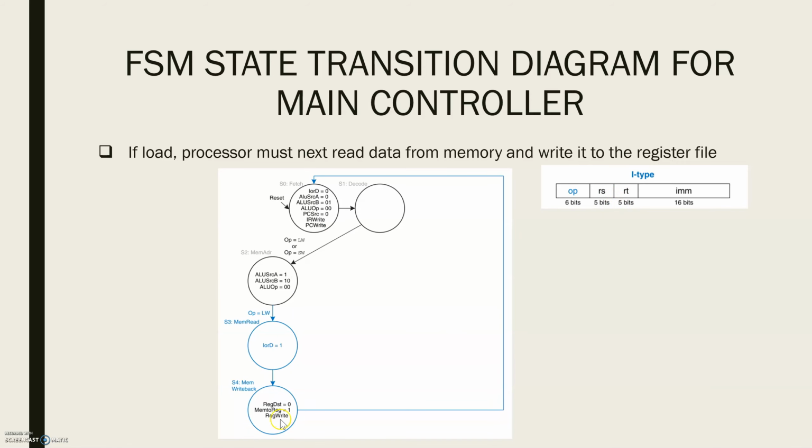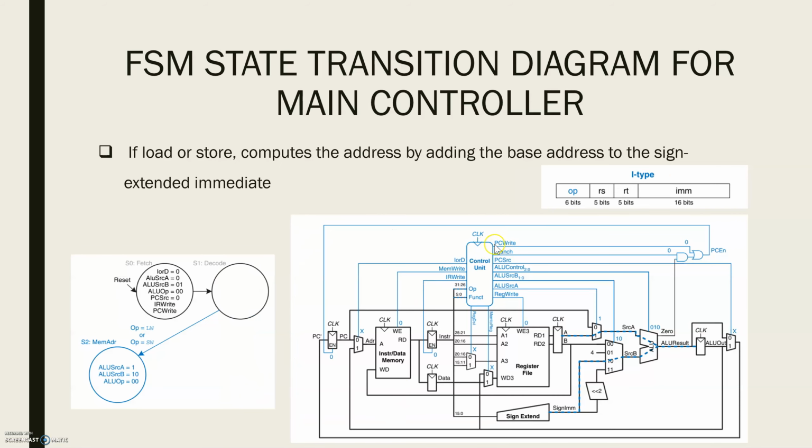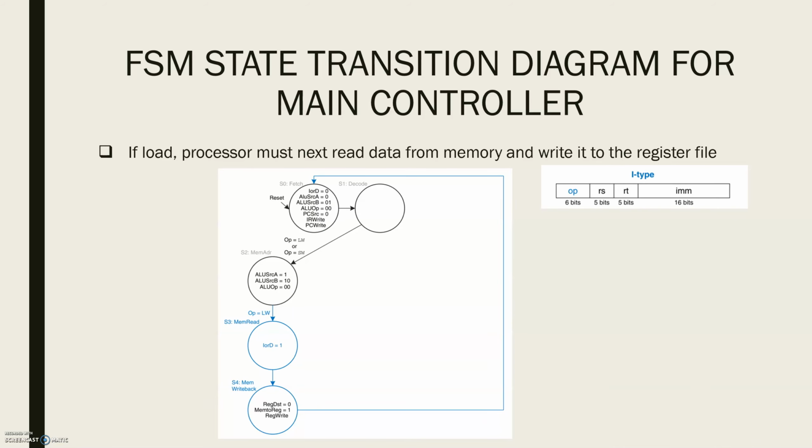Also, regwrite is asserted to perform the write, completing the load instruction. Finally, the finite state machine returns to the initial state so as to fetch the next instruction. For this and the subsequent steps, we will not be including the data flow.